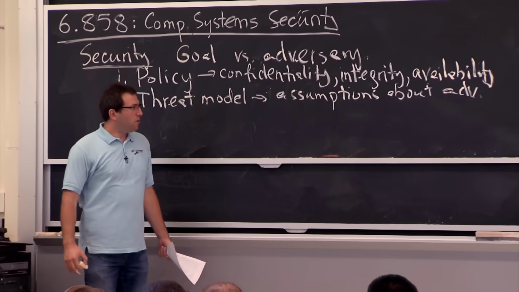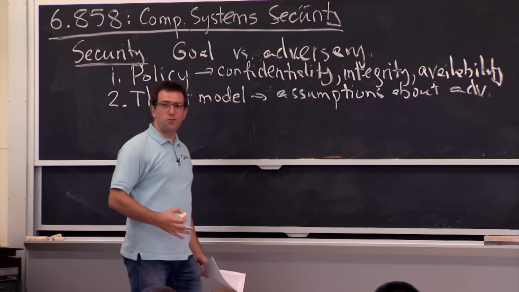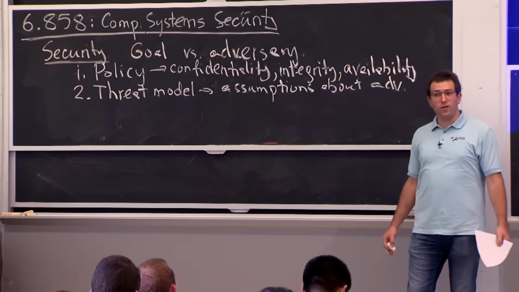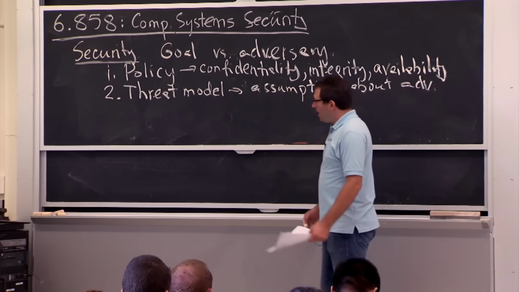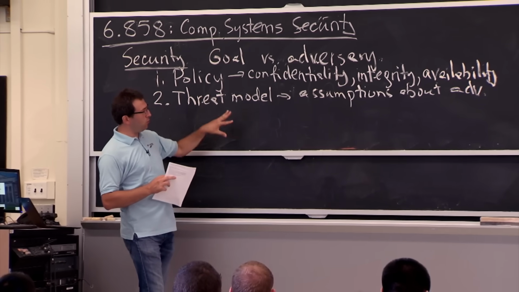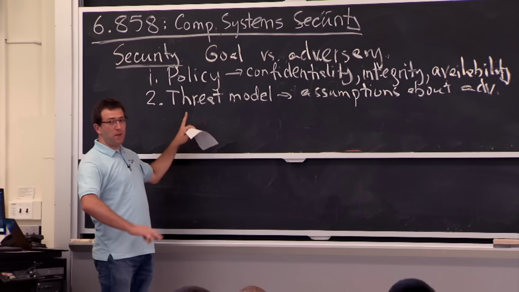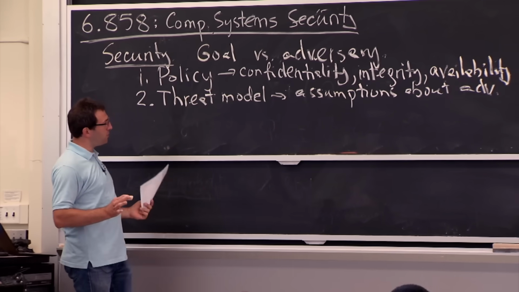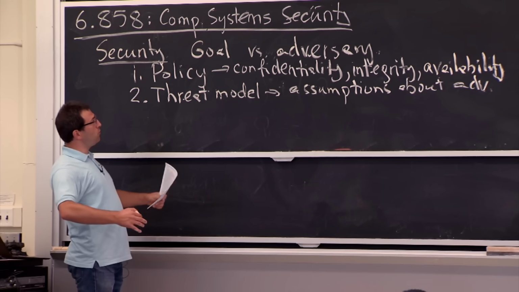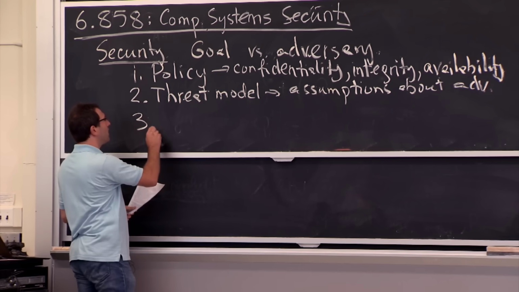So for example, you probably want to assume the bad guy doesn't exactly know your password, or doesn't have physical access to your phone and your keys and your laptop. Otherwise, it's going to be hard to make progress in this game. It turns out this is actually quite tricky to come up with, but one general rule is it's much better to err on the side of caution and being conservative in picking your threat model, because the bad guy might always surprise you in terms of what they might be able to do in practice. And finally, in order to achieve our goal under these assumptions, we're going to look at some mechanism.